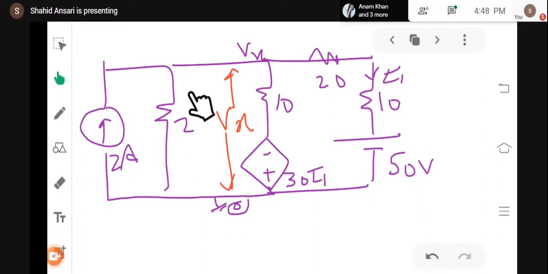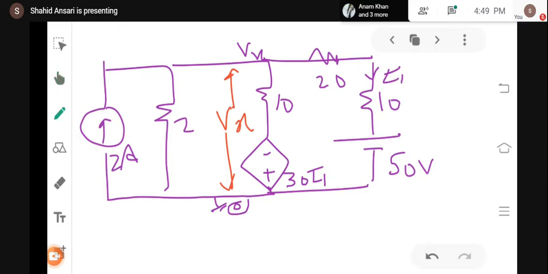You can also call the voltage across 2 ohm Vx itself. Vx minus 0 means the voltage across 2 ohm will also be Vx. Voltage across 2 ampere: here we have Vx, here we have 0, meaning the voltage across this 2 ampere will also be your total Vx.